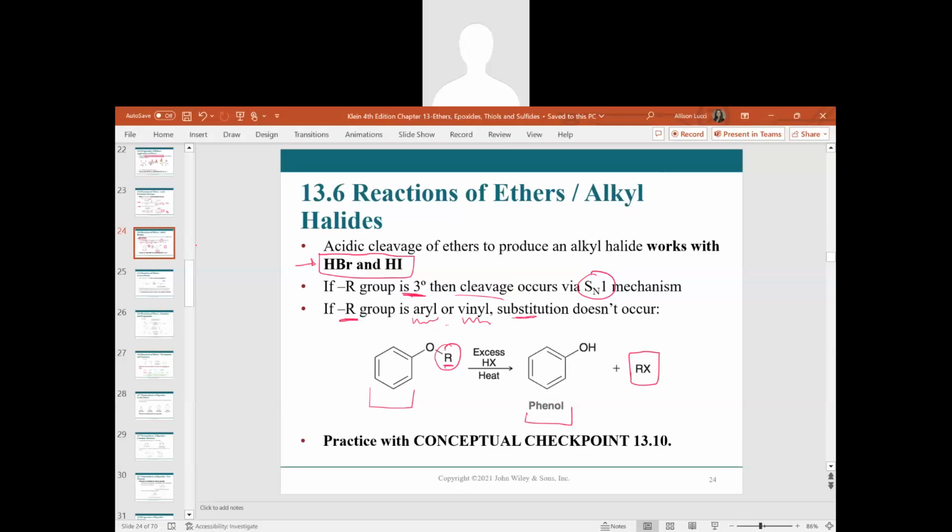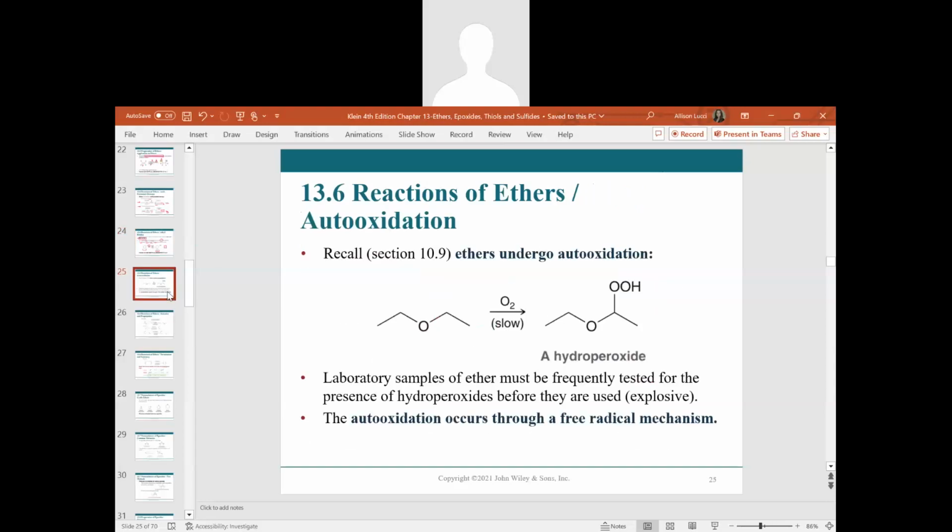But on the other side, the benzene ring does not have that substitution process occur because it is an sp2 hybridized carbon in that ring. So those are some specifics of this acid cleavage that we should look out for.